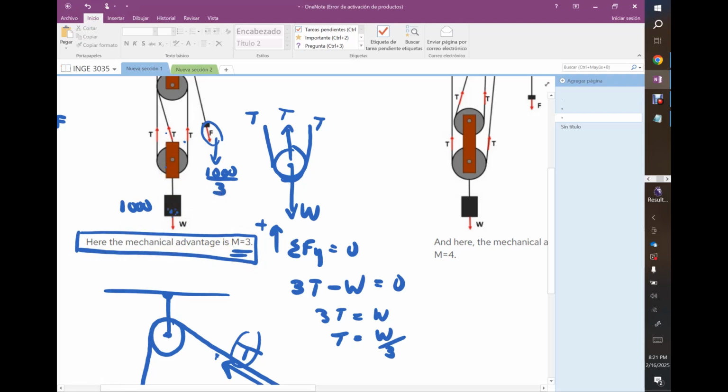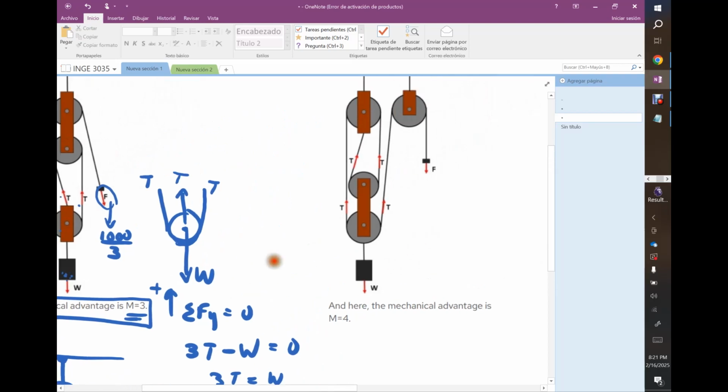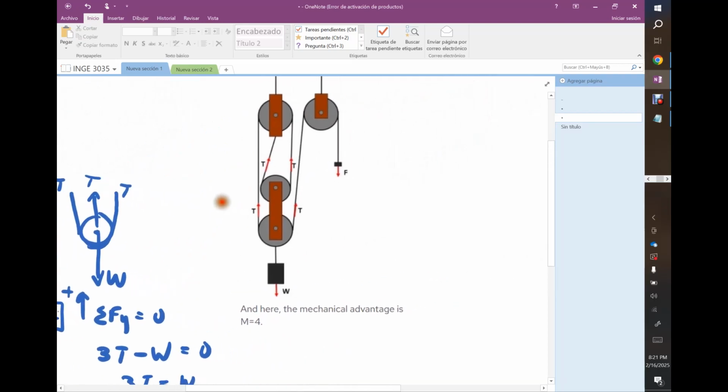Now if you want to reduce that a little bit further, you end up having this contraption here, which is the same story. Like this one pulls down, this will pull up, and that's T, but this will also pull up, and that's another T. Internally this goes into this rope, and you are pulling on this guy as well, but this guy is pulling on this one.